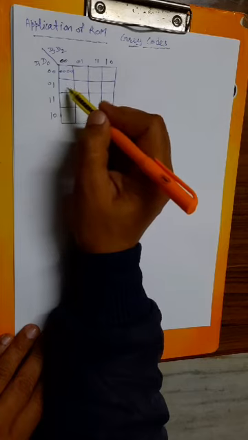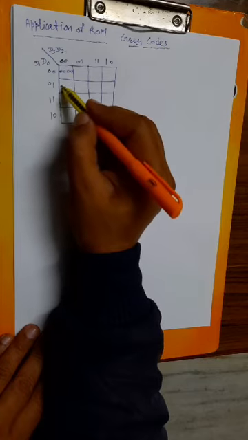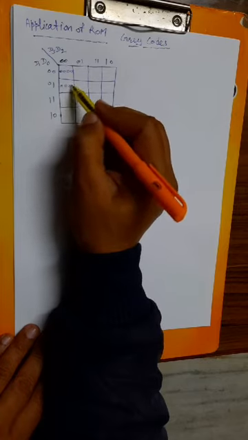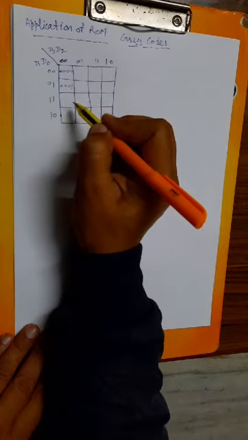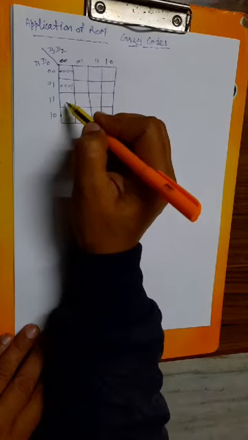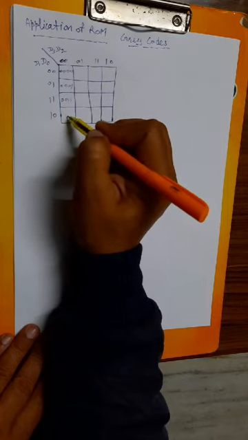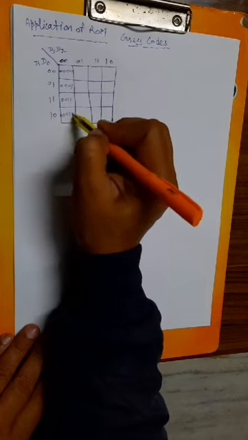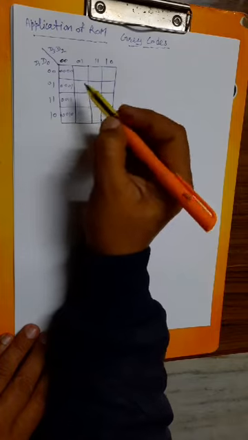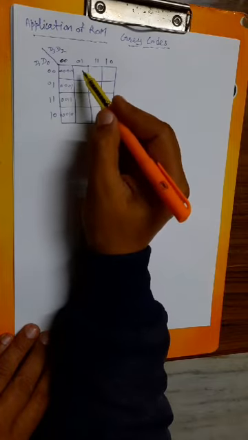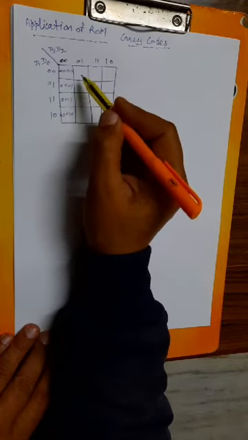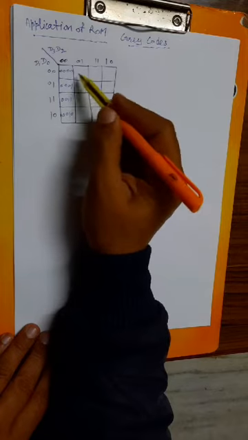The code of this cell is 0000, this cell 0001, this cell 0011, this cell 0010, and in this way we write codes of all cells.